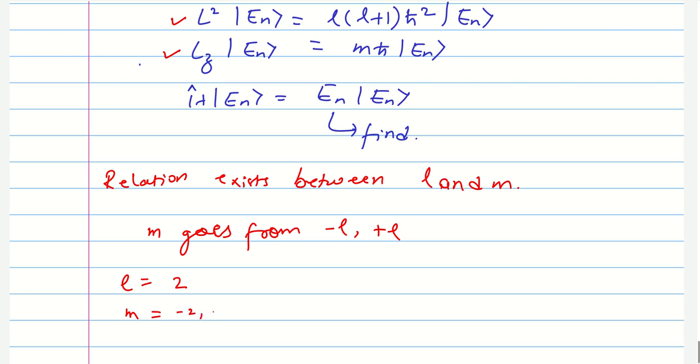One is minus 2, minus 1, 0, 1 and 2. So see here M goes from minus 2 to plus 2.